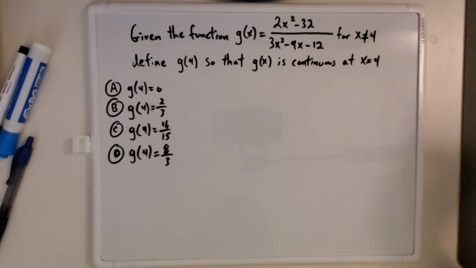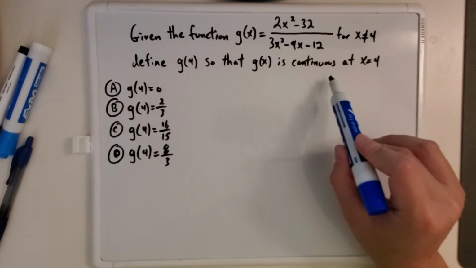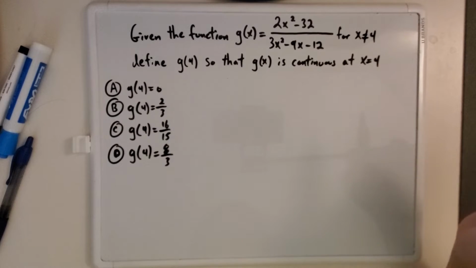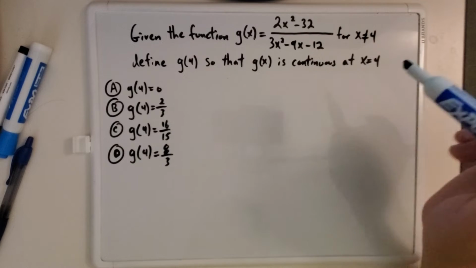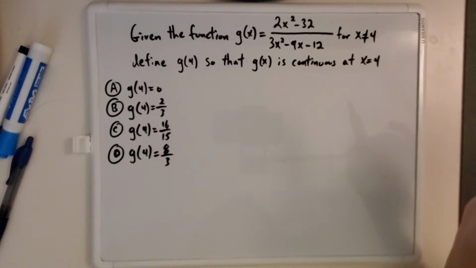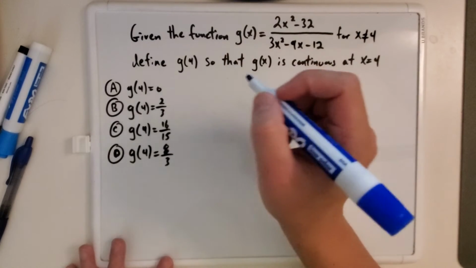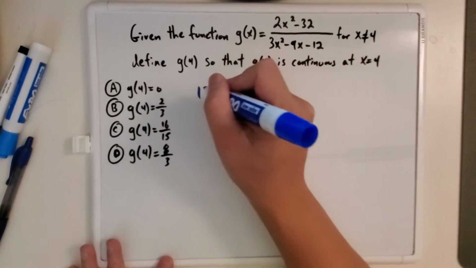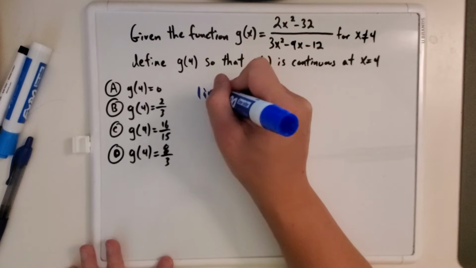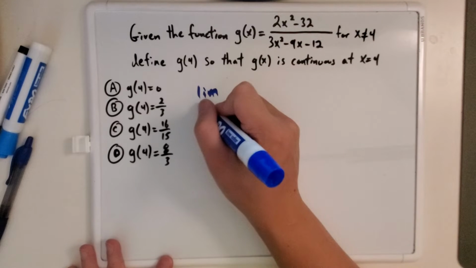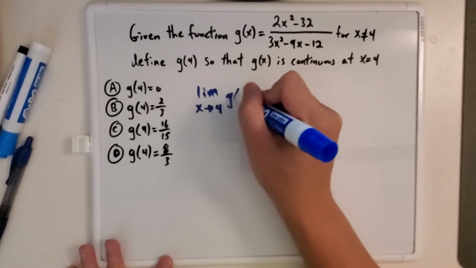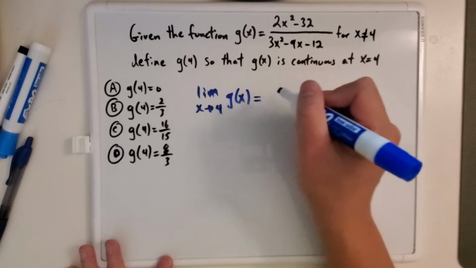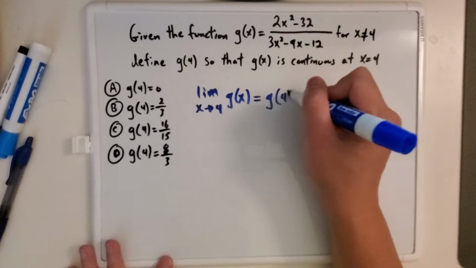So let's remember, how do we define continuity? A function g of x can only be continuous at x equals 4 if and only if the limit as x approaches 4 of g of x is the same thing as g of 4.